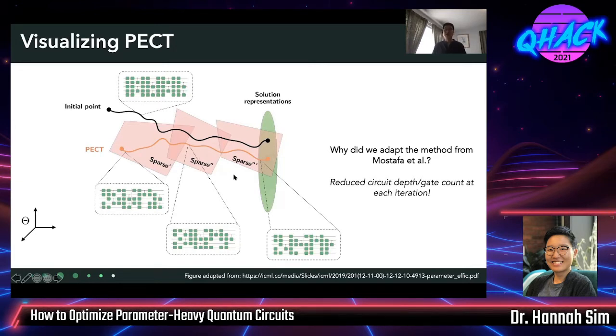And this clearly shows why we adapted this particular method from classical machine learning, because of the additional benefit of reducing circuit resources at every point in the optimization.